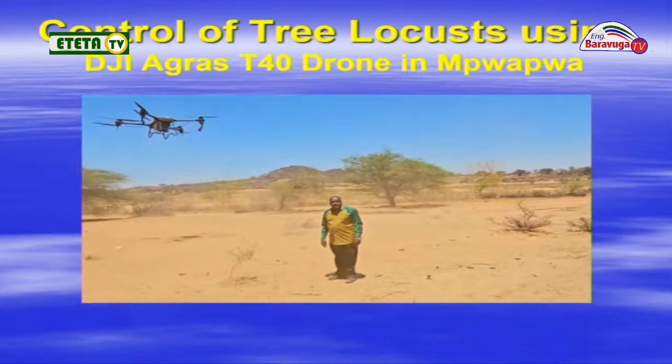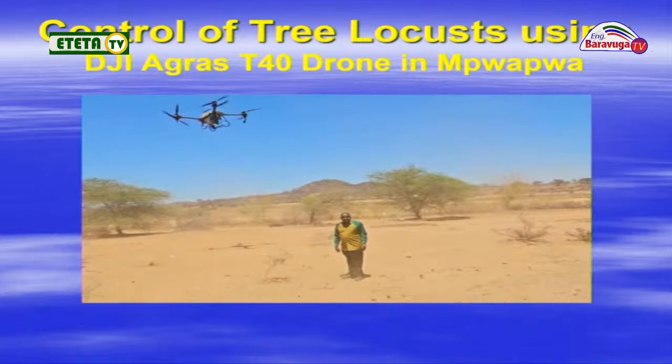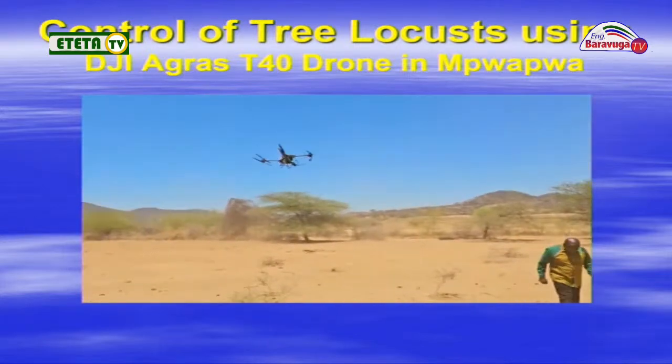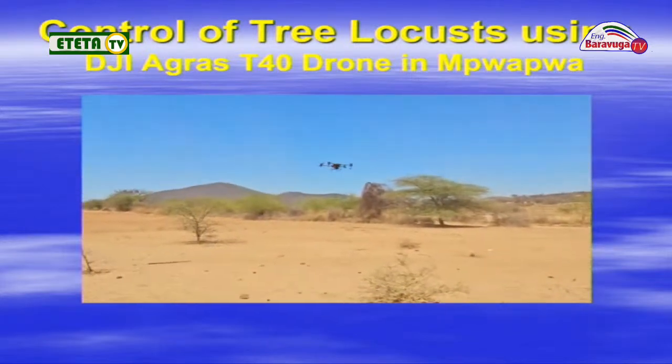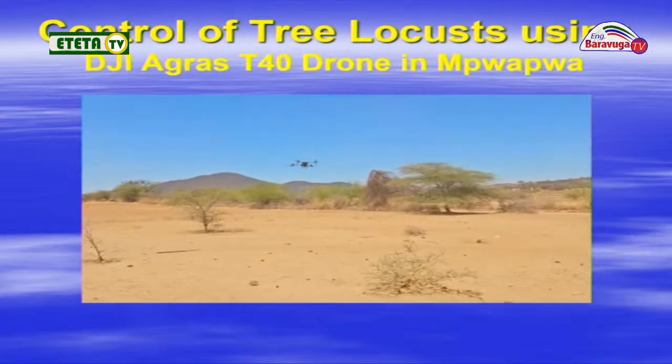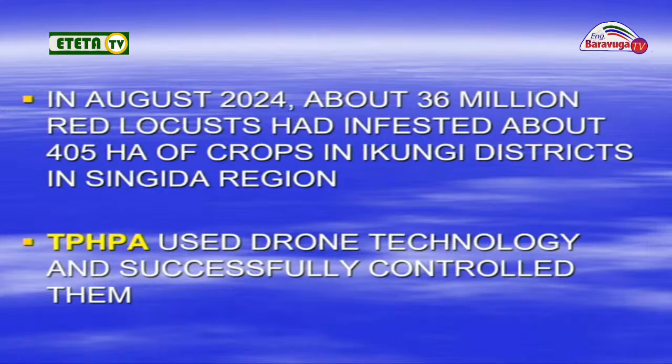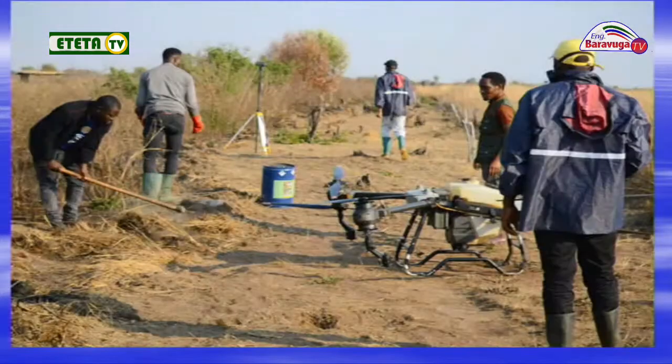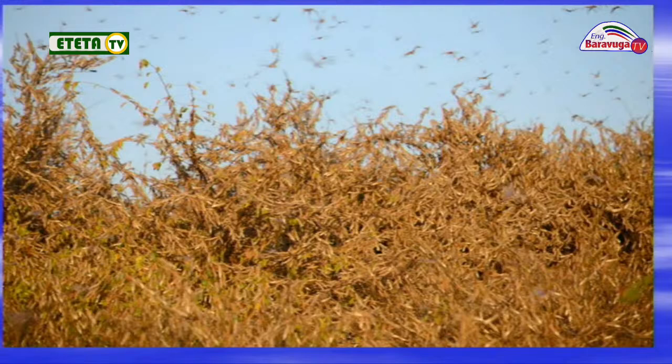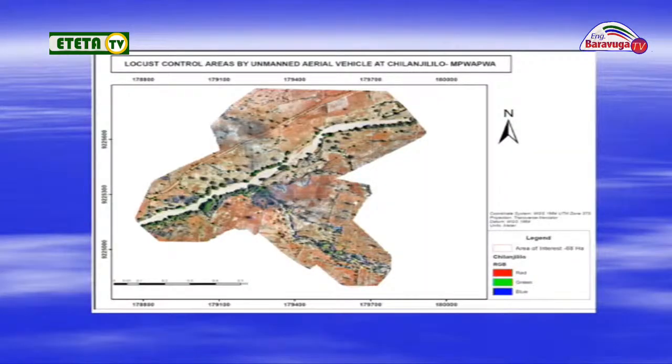This is in Mpwapwa, and we successfully controlled all the locusts there, and we saved crops from being destroyed. For those who have not seen red locust, this is how they are, you see, they are unstoppable, they eat anything. So we use the drones to control them.